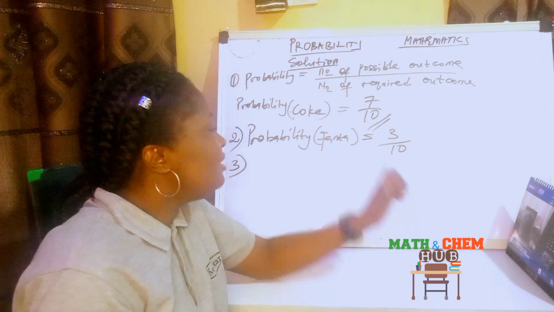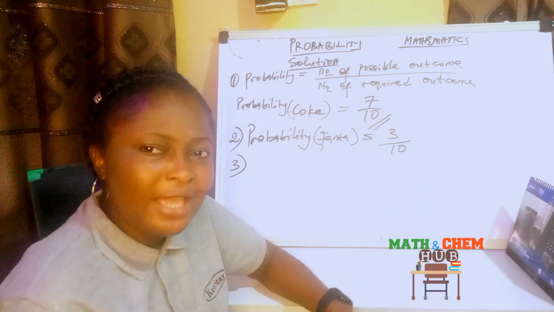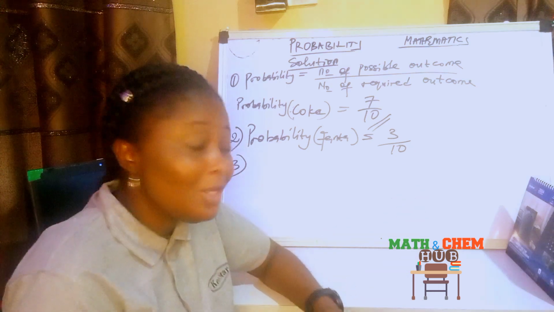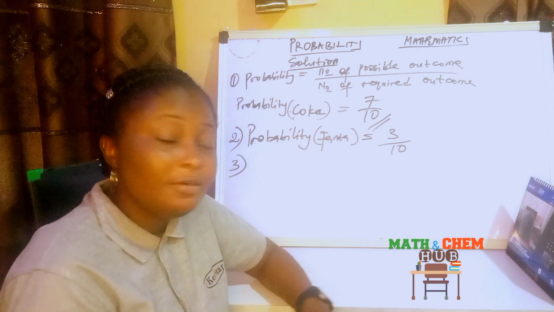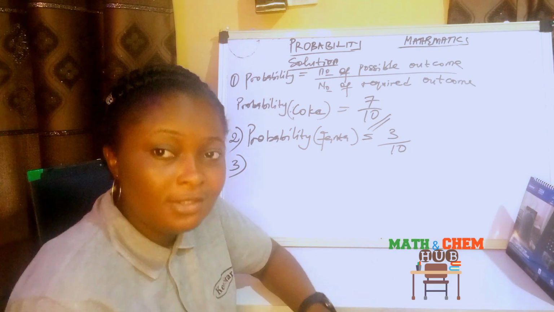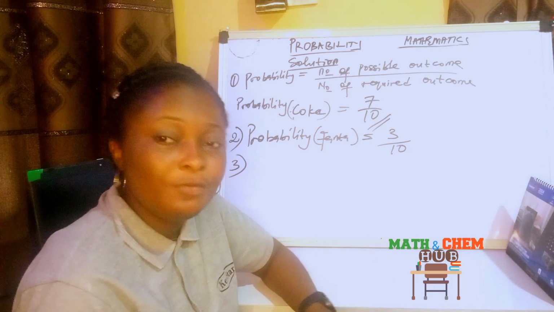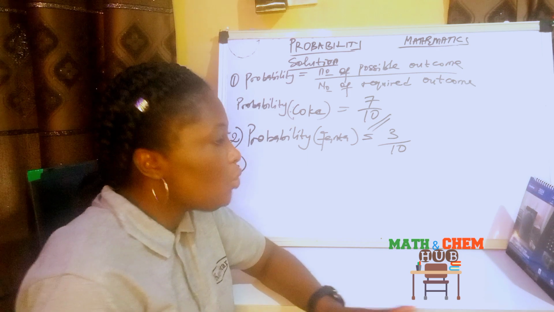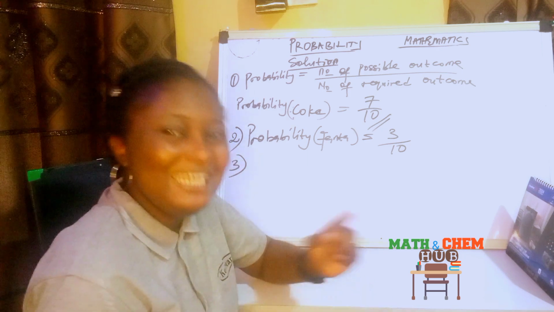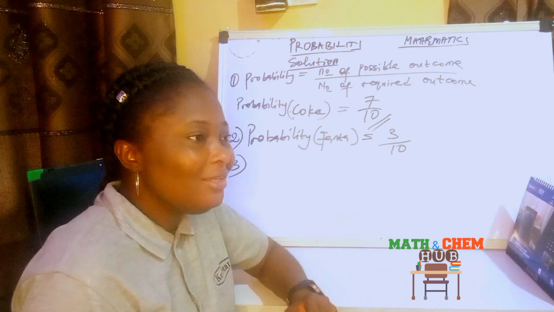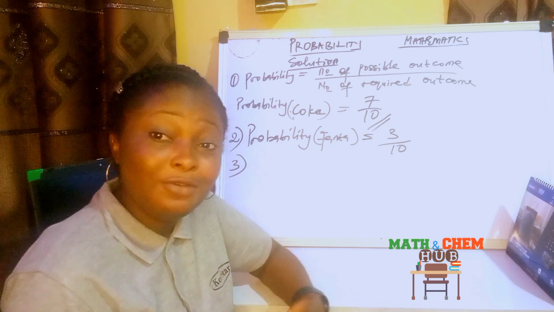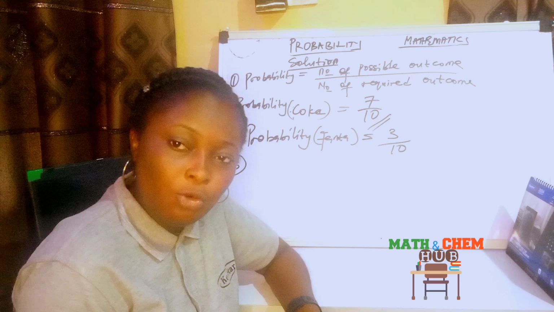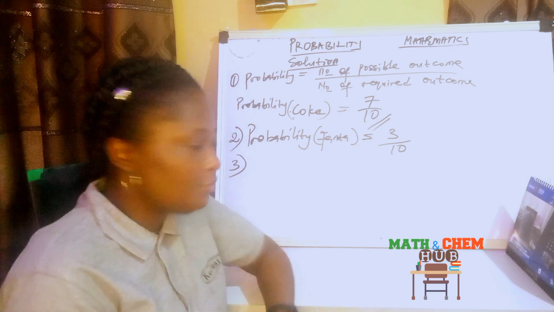So the probability that their favorite drink is neither Coke nor Fanta is 0, because 7 like Coke while 3 like Fanta. There is none of them that does not like either of these drinks. Each of them has their favorite.